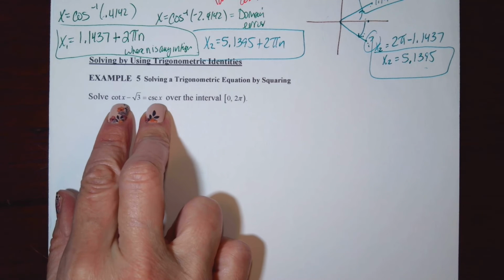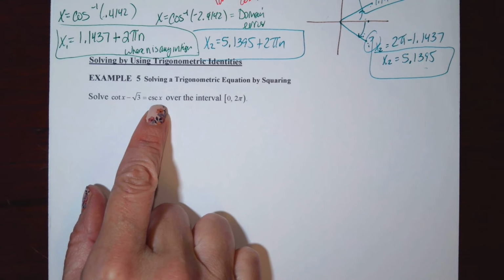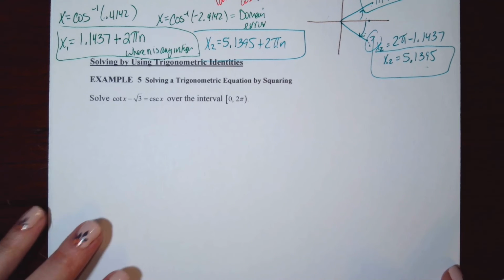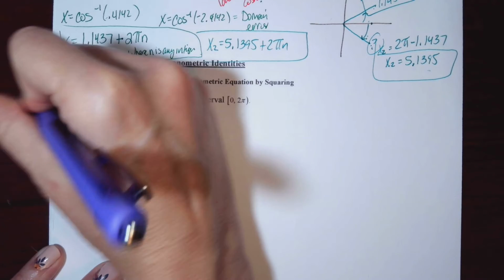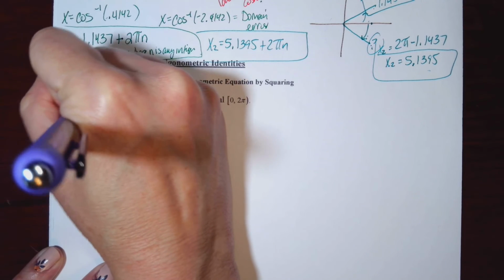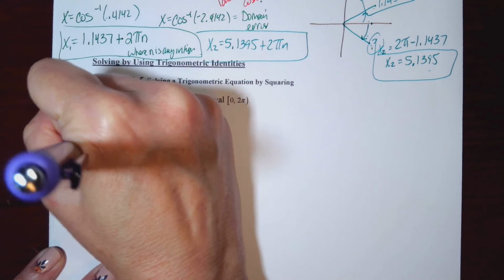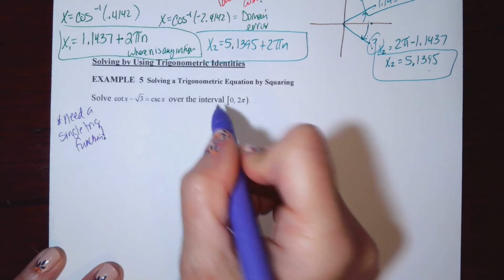Notice that when we look at this equation, we've got cotangent and we've got cosecant, and I can't solve with two different trig functions set up there. It's just not going to work. So I need a single trig function. I can't work in terms of both cotangent and cosecant.